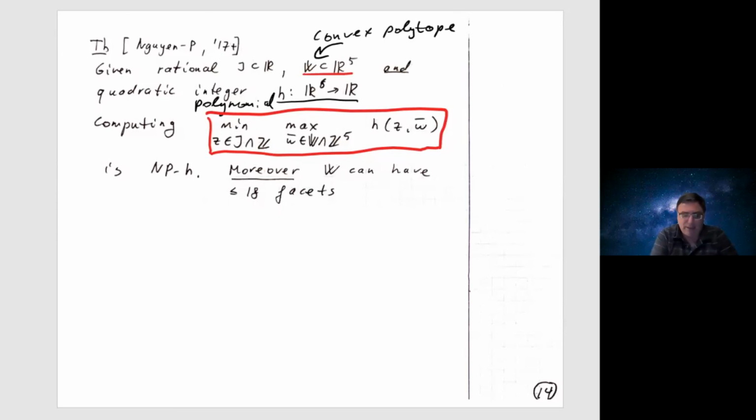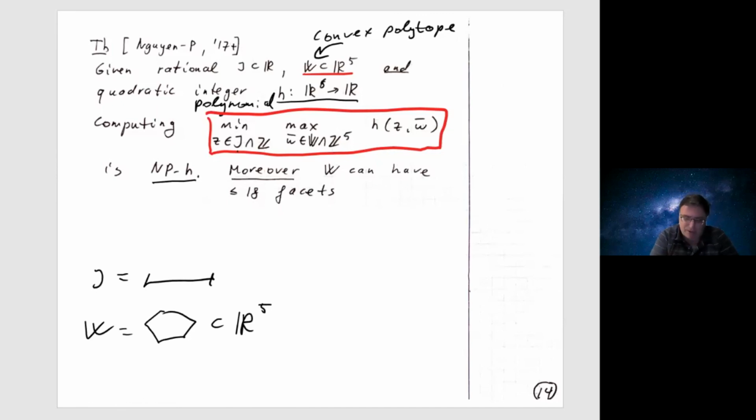It turns out that this min-max problem is NP-hard, even though again J is just an interval, and W is a convex polytope in R5.